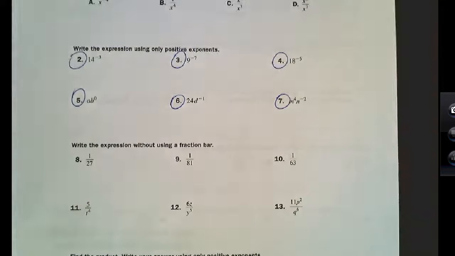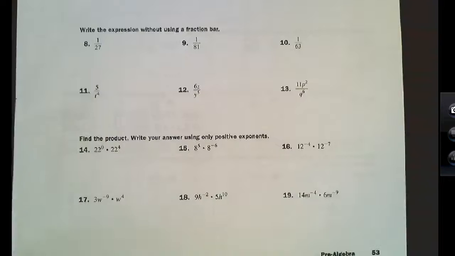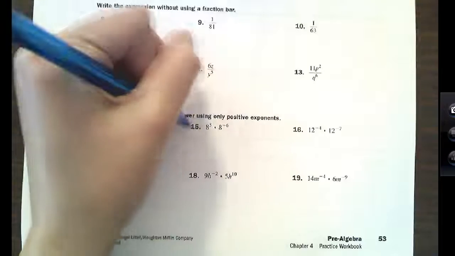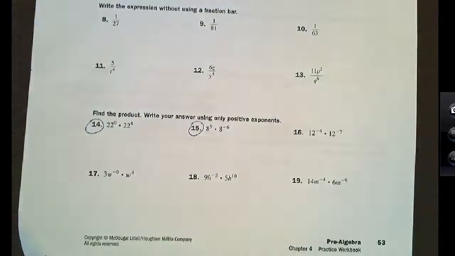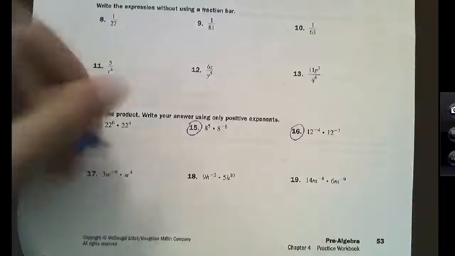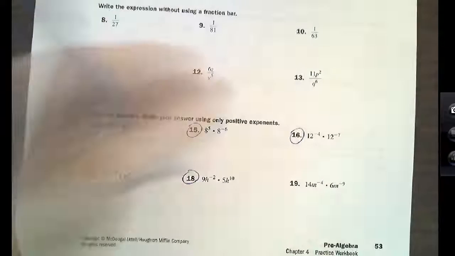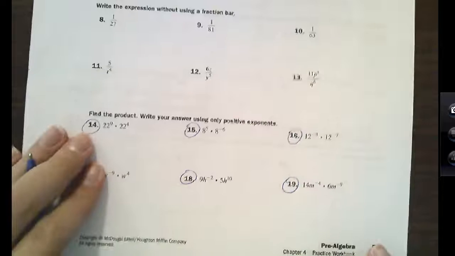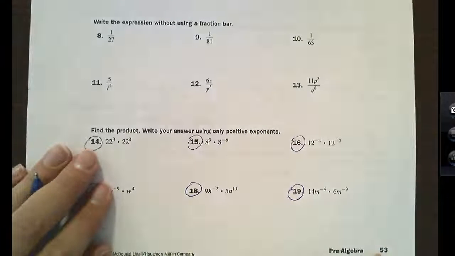So 2 through 7. And then I want you to do 14, 15, 16, 17, 18, 19. And upload a picture to Google Classroom when you're done.